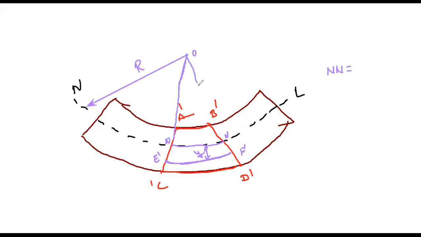If this element was deflected with an angle theta, then NN will be R into theta. This is the radius R, multiplied with theta, which will give you NN. So R into theta will be NN.